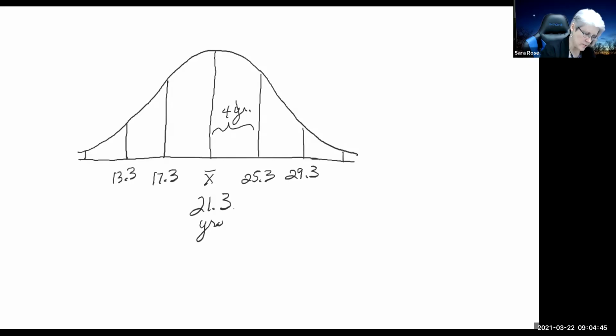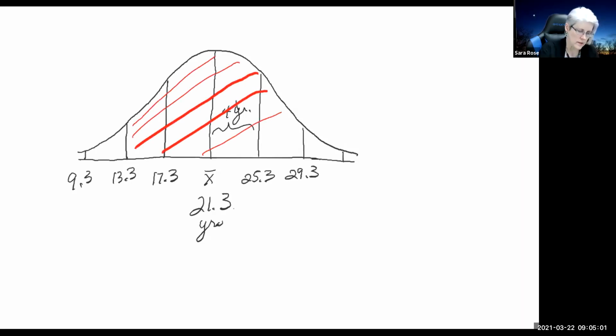Check me on this because I'm trying to do it quickly here and may well make a mistake. 4 and 4. Okay. So within 2 standard deviations, above and below the mean would fall 95% of your ages.